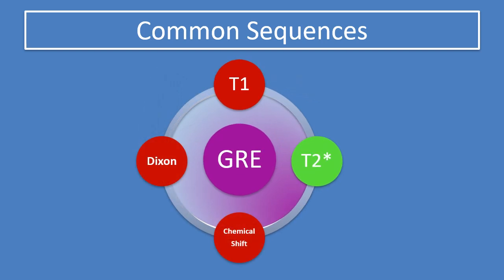In fact, we find that T1 gradient sequence could be divided into two main groups, the Dixon method and the chemical shift technique, which already belongs to the fat suppression technique, but actually they are gradient T1 sequences.